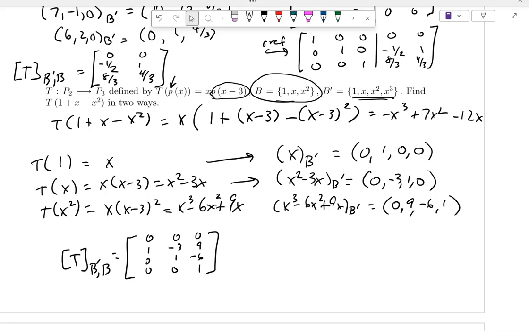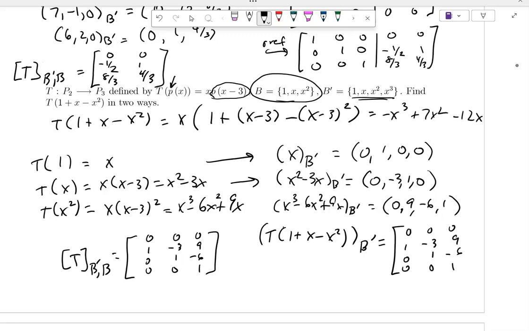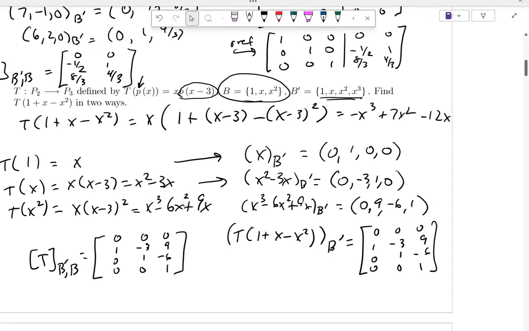Now it says to do this in two ways. Well, here's how we're going to do it. The coordinates of the output will be the product of the matrix we just found times the coordinate vector of your input.